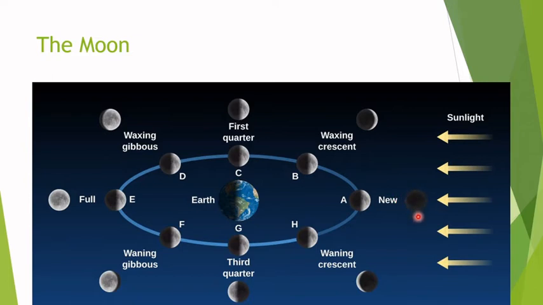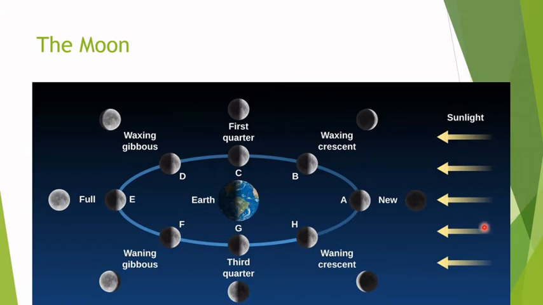Okay, from new moon to full moon, we've got a waxing crescent, first quarter, and then we've got a waning moon, third quarter, and we go back to new moon. All these phases last 28 days. So that means that from a new moon to a full moon, we've got 14 days. And from a full moon to a new moon, it's another 14 days.